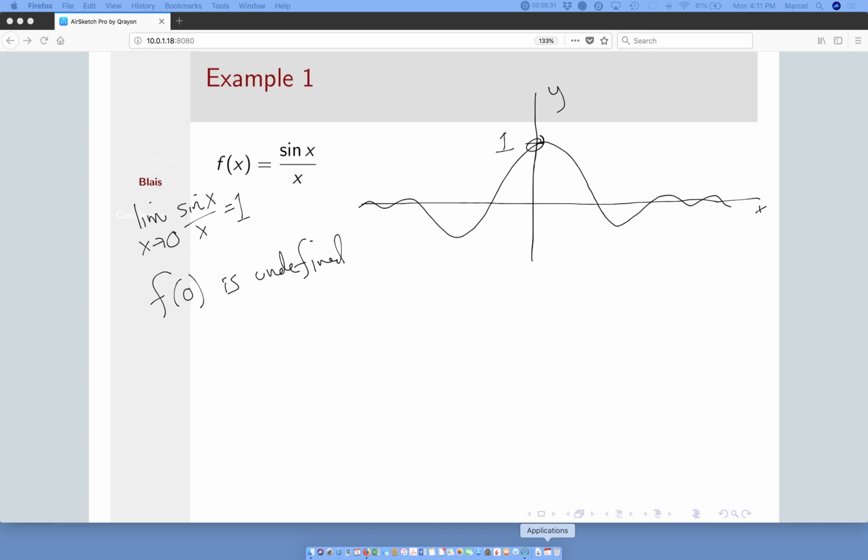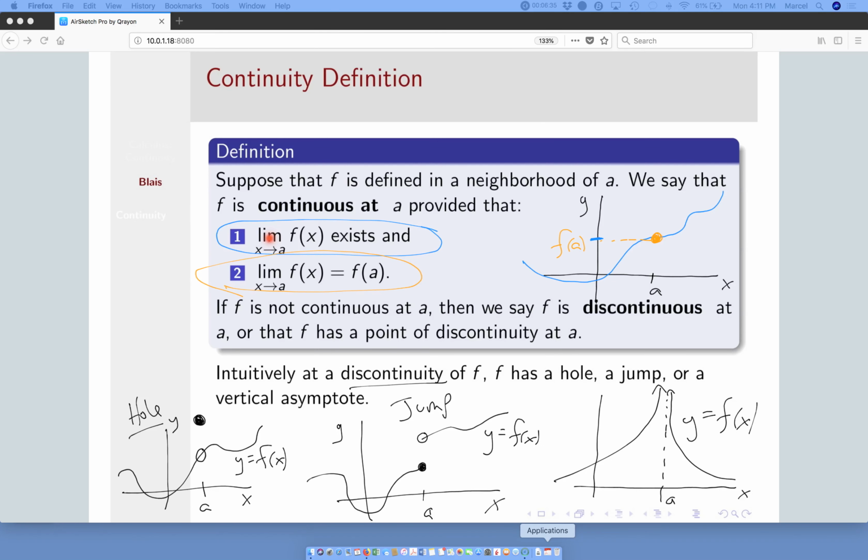And remember, the first condition for continuity, if we go back to our definition, we need the limit to exist, and we need that limit to equal the function's value at a. So in our case, we're looking at 0. We need the limit as x goes to 0 of f of x to be equal to f of 0.